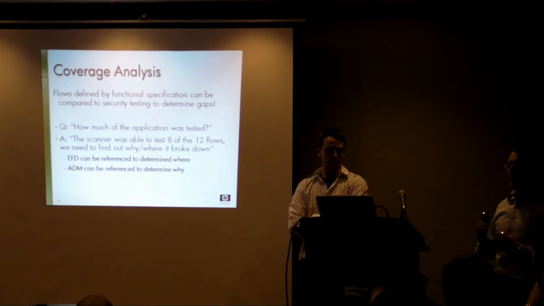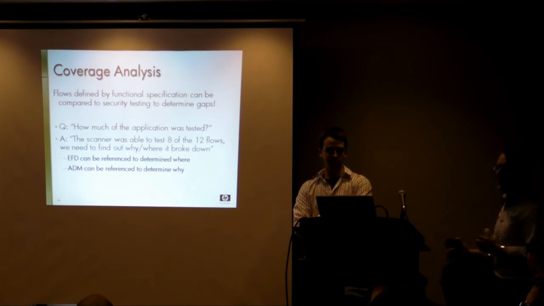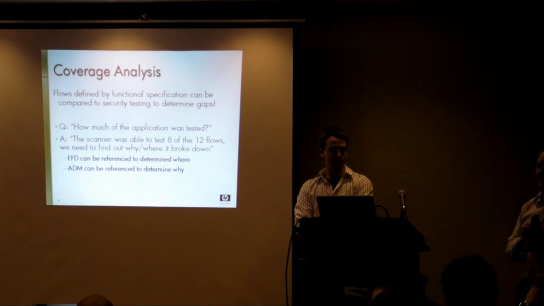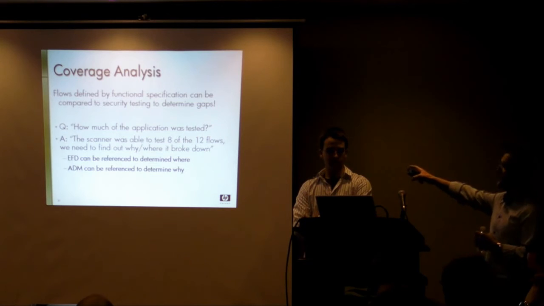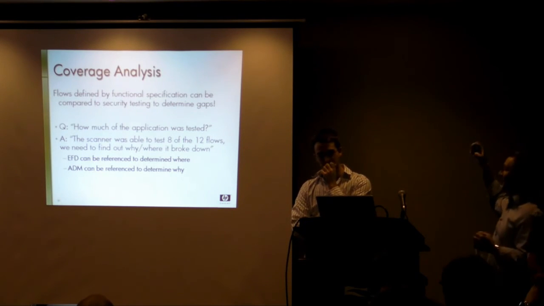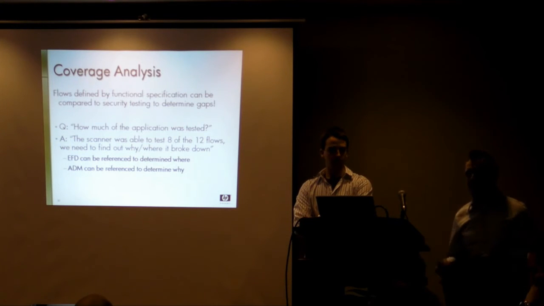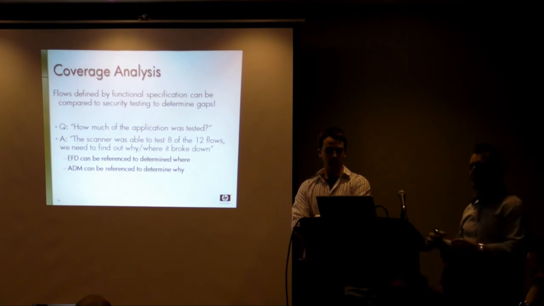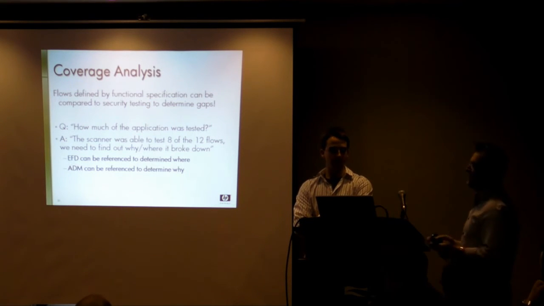Every time another crazy new Ajax framework or client-side vulnerability, or every time Adobe updates, that attack surface increases and that gap widens. So being able to say the scanner covered 8 of the 10 flows that are in the application, right? We need to find out why it didn't cover the other 2. Oh wait, it was missing the data. What a novel idea.